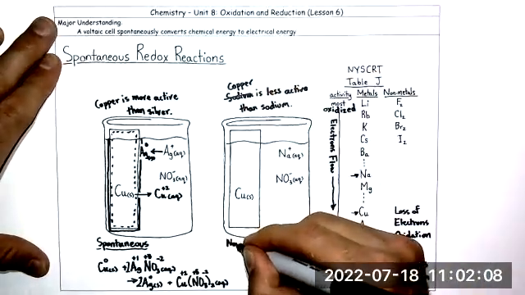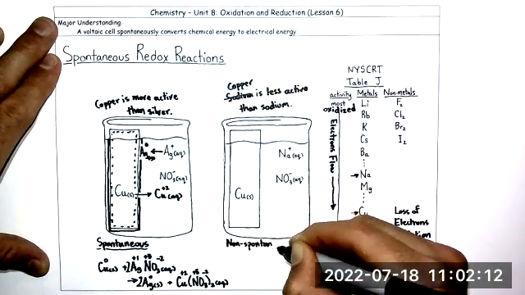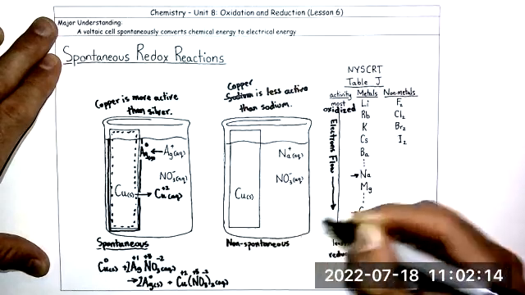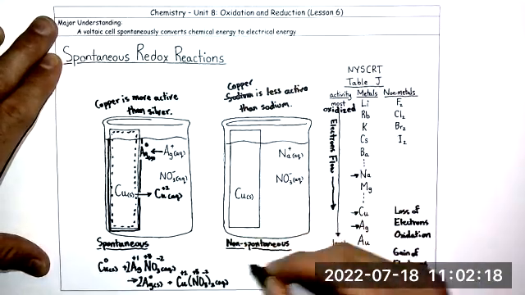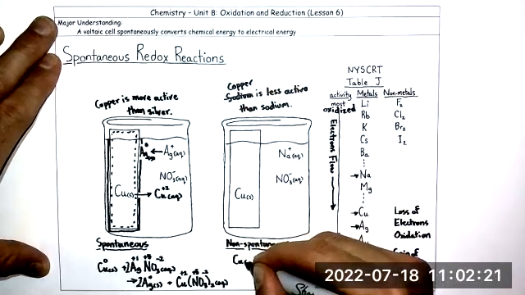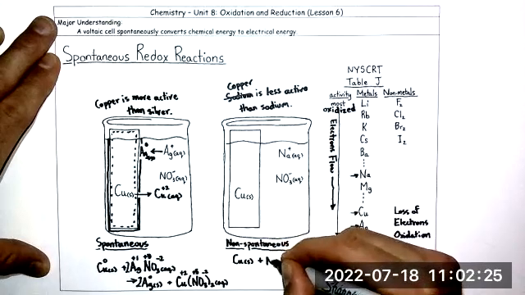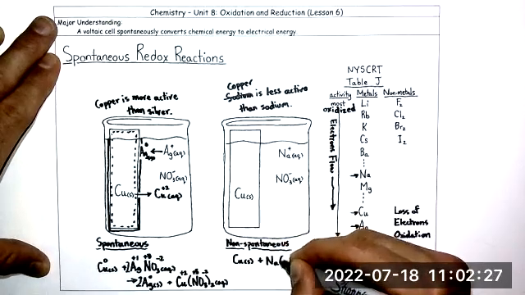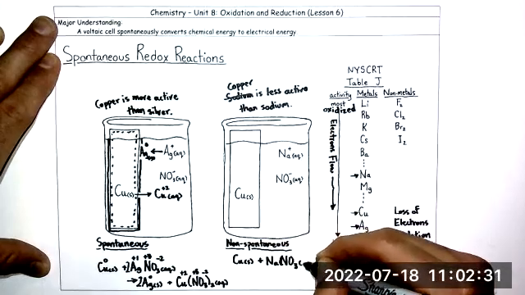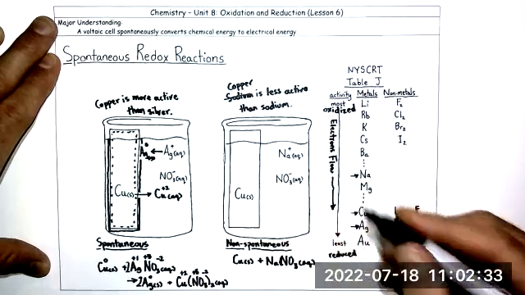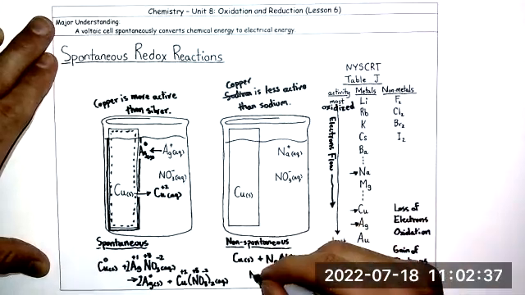So this would be non-spontaneous. Okay, which means that if we just look at our reactants of copper solid and sodium nitrate, aqueous, they will not actually produce a reaction. There will be no reaction.